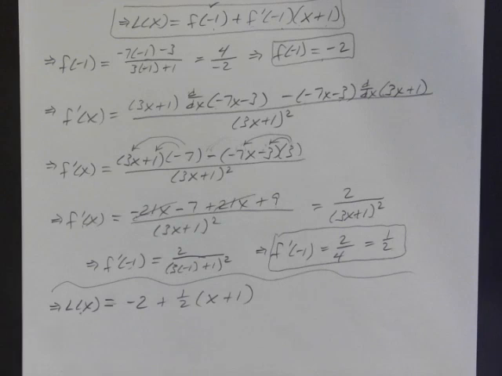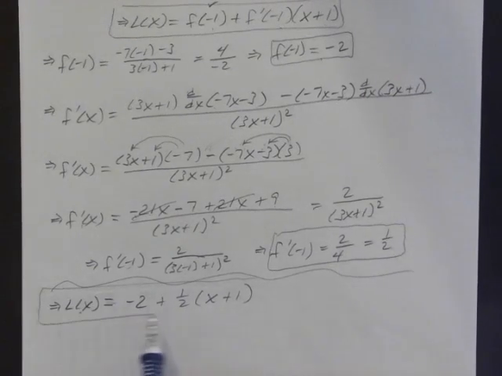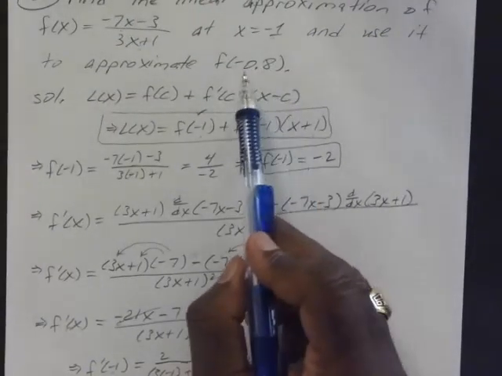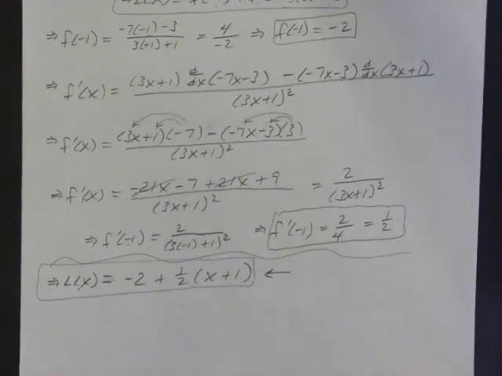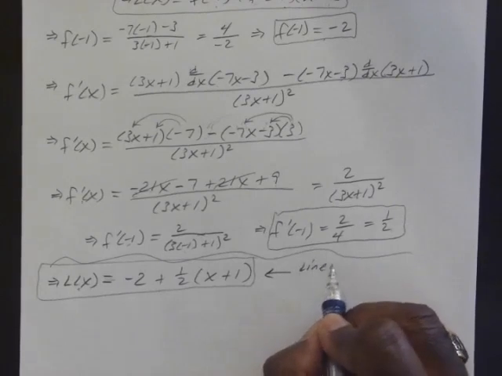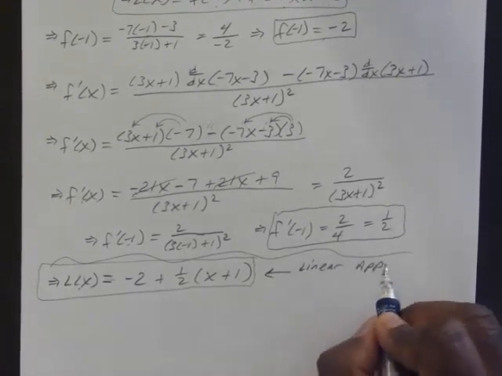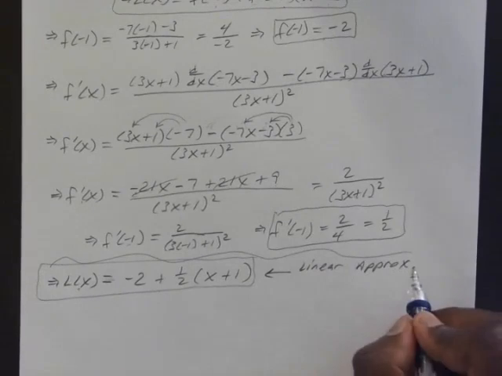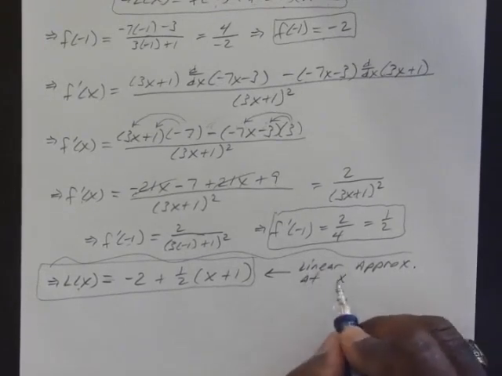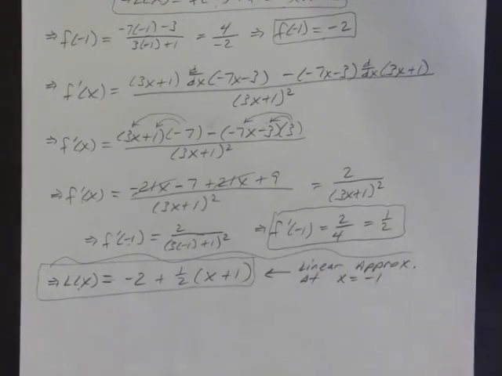Okay, so this again would just be, if they ask for the linear approximation formula at x equal -1, this would be it. But then when they throw in approximate a different value, that's when you plug it in. At x equals -1.